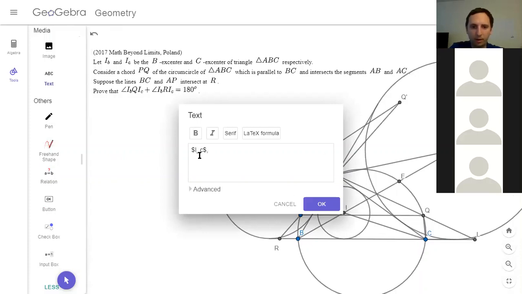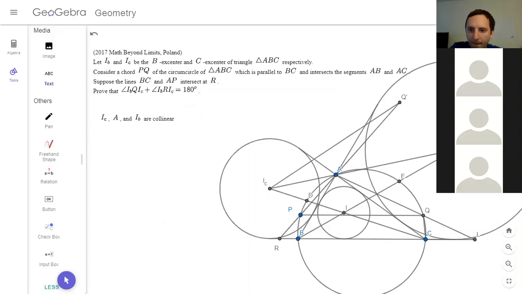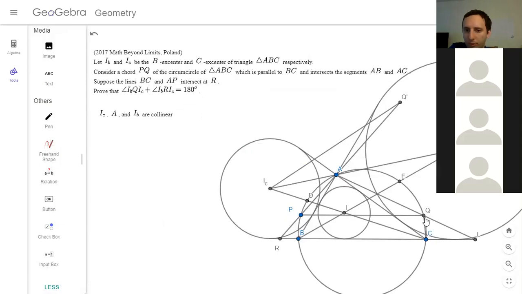IC, A and IB are collinear, and IB is the exterior angle bisector of angle B. Actually, similarity is easy to prove from angle chasing.